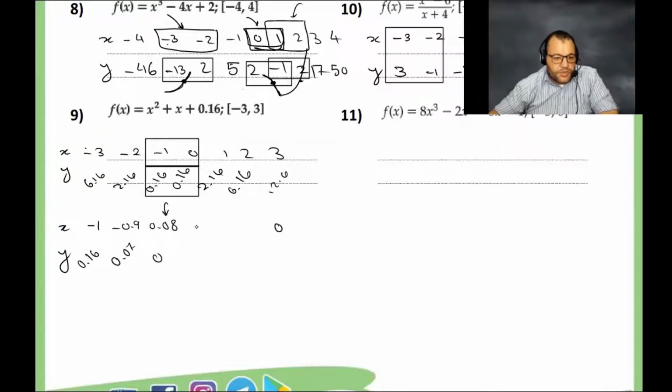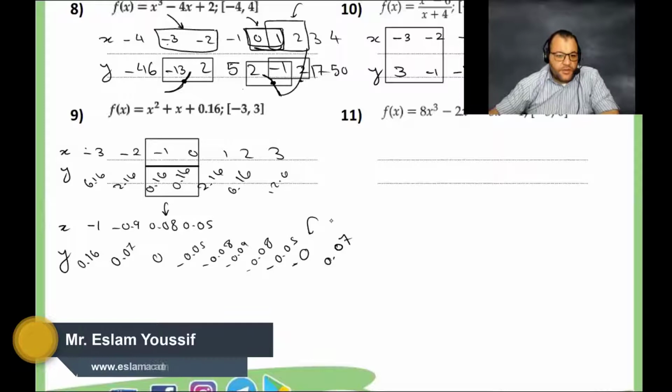The second one: 0.05, which equals -0.05, -0.08, the next is -0.09, the next -0.08, the next -0.05. Then 0 we have here. That is the second 0 that we have.